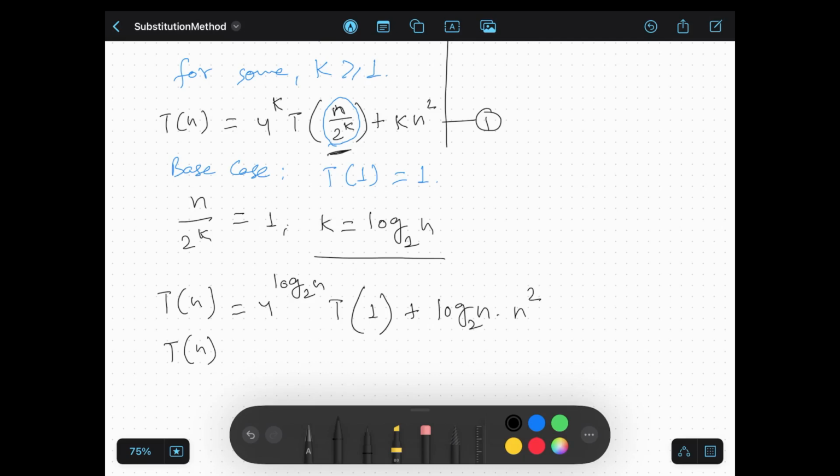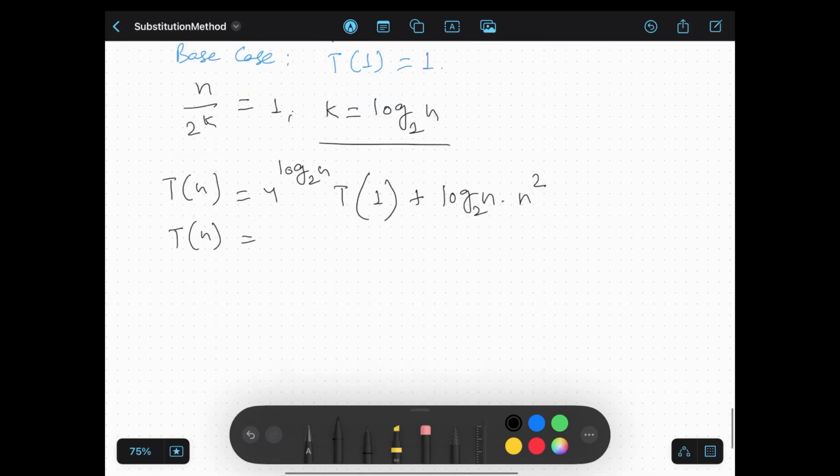Simplifying this, we can say 2 raised to the power 2 log n times T of 1 plus n square log 2 n. Fine?